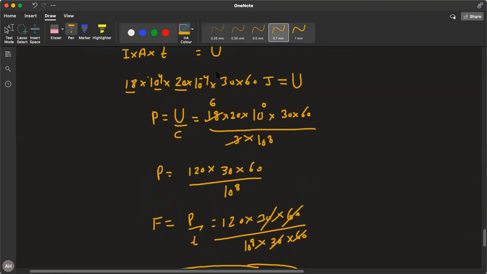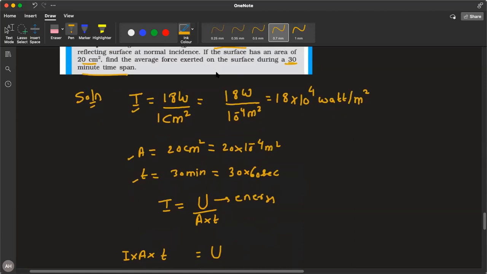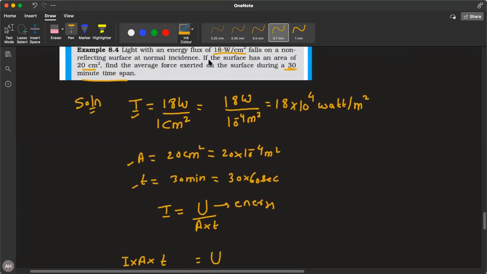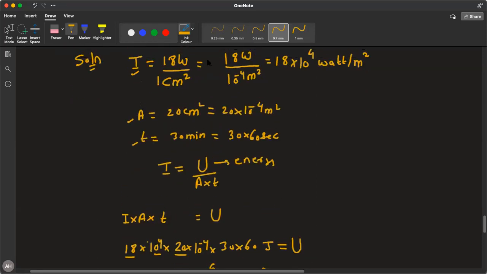Note it down, please. You all have written the question? Yes, sir. Ahmad, it won't be 2P by T. 2P by T is for a reflecting surface. It's a non-reflecting surface.